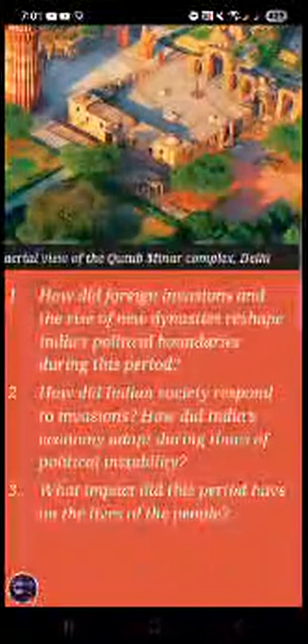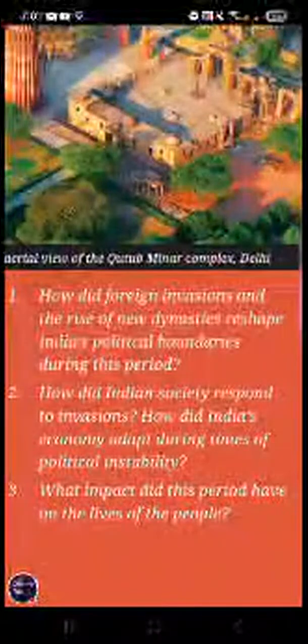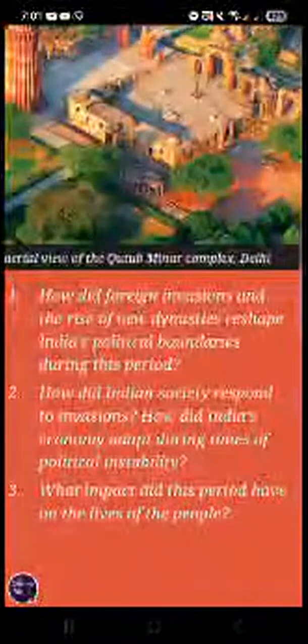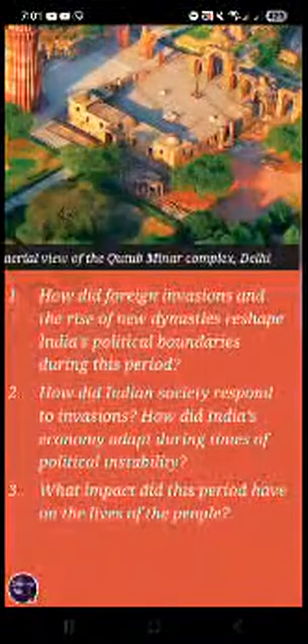I think it is visible, but let me check again. Or can I start? Even though it is not visible. Why is this so?